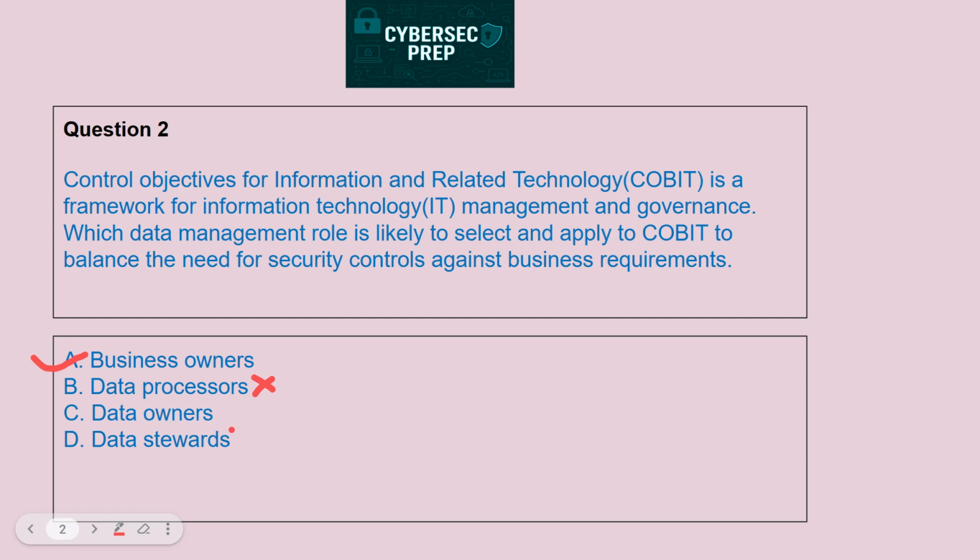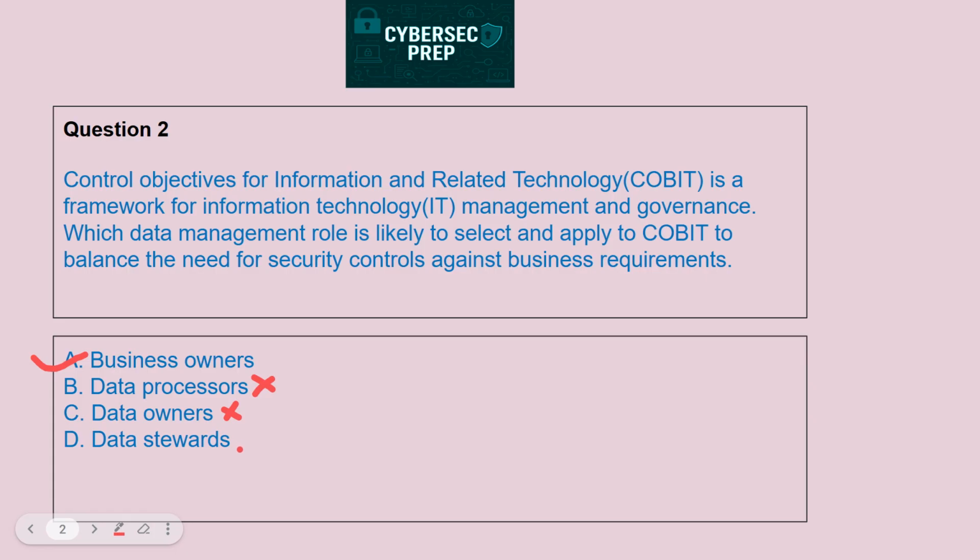Let's move on to the next one: data owners. Data owners are the ones who are more likely to ask those responsible for control selection to identify a standard to use. So again, data owners is not relevant for this question. Next, we are moving to the option data stewards.